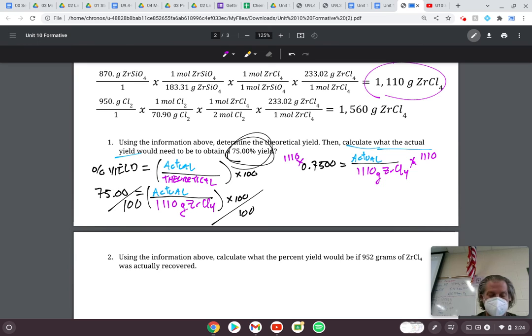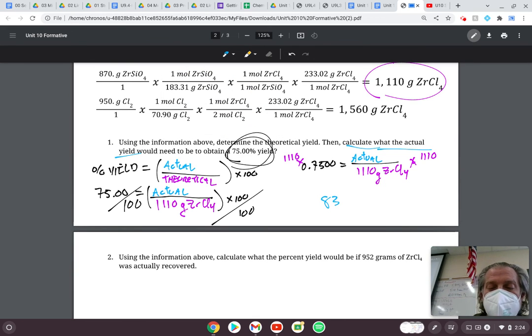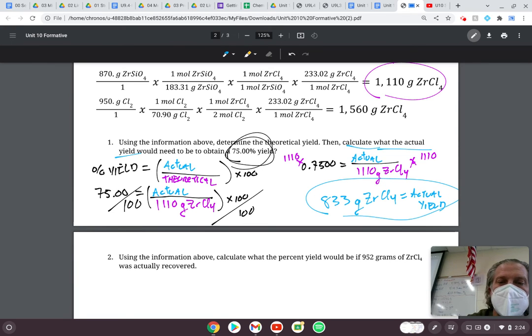And so I'm going to calculate that with 1,110 times 0.7500 gives me a value to be something like 830, 3 grams of ZrCl4 is the actual yield. Questions about that one? Because that one I think is a little bit more complicated of the two. So far, so good.